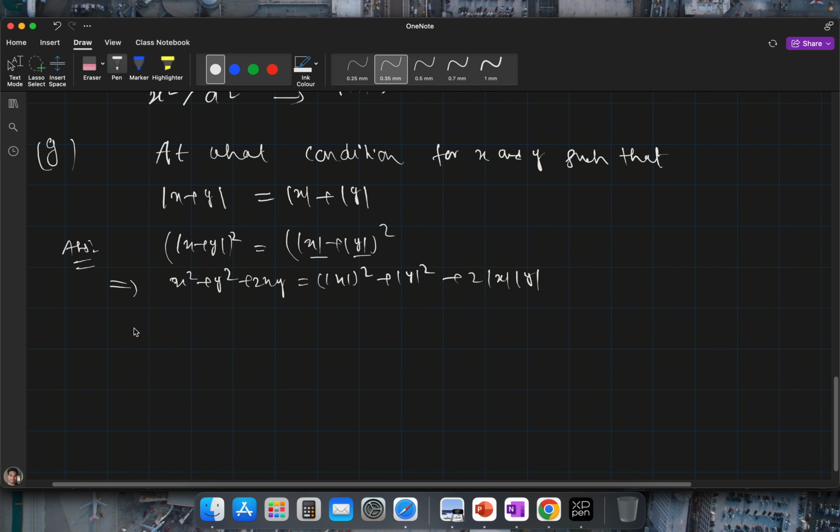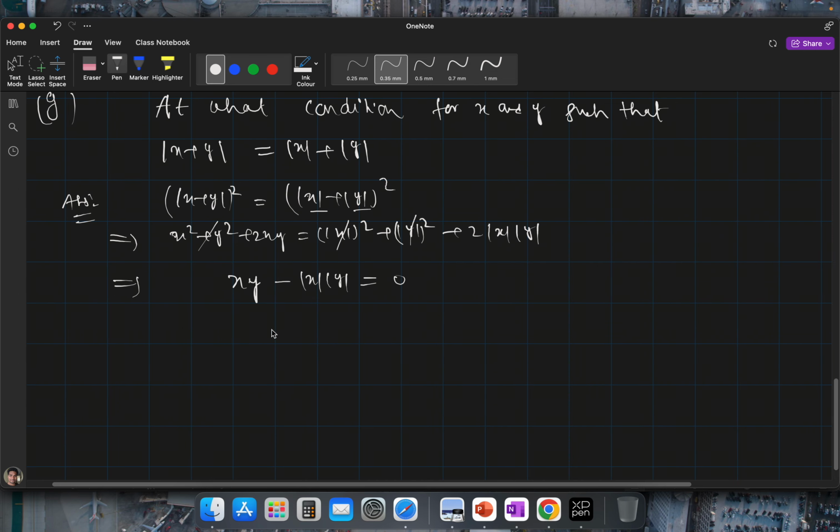Okay, then you can see that these two terms will be cancelled out. Now you will get xy minus mod of x mod of y is equal to 0. So here you can see that this equation will be satisfied only when x and y are both greater than or equal to 0, which means that the solution will be either x, y greater than or equal to 0 or both will be less than 0.